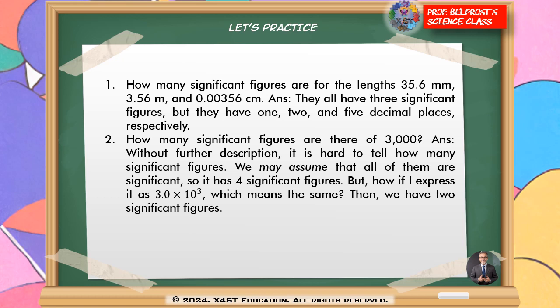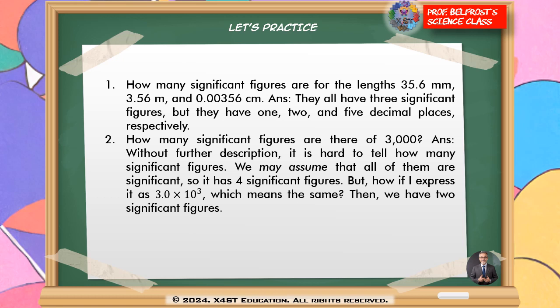The only condition in which a zero becomes significant is when the zero is between other numbers. For example, if I have the number 0.03056, then the zero between 3 and 5 will be a significant figure.